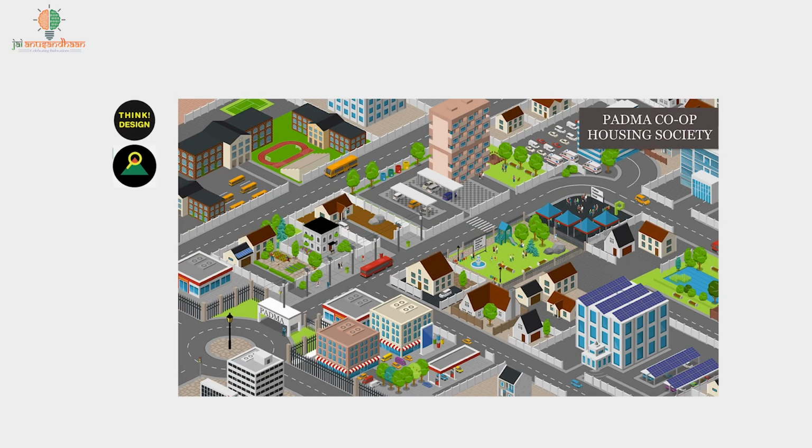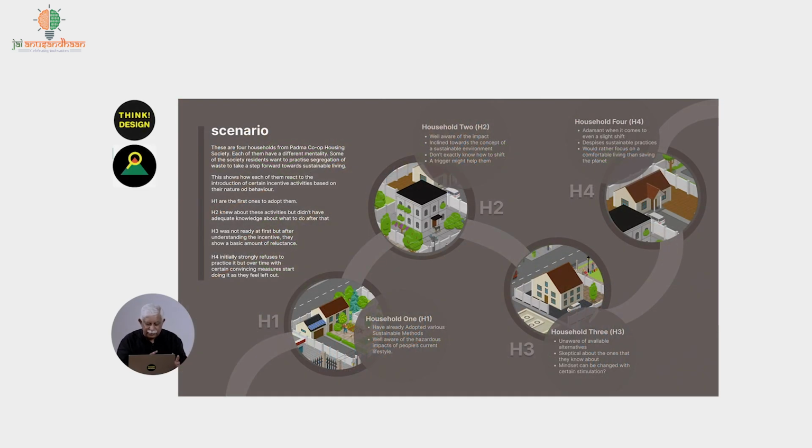So, this is Padma Cooperative Housing Society, a feel of the society here. You can see that a scenario has been created where household 1 has already adopted it, and they are very aware of the sustainability issues. Household 2 is like user group 2, they want to implement it, but they do not know what methods to use.